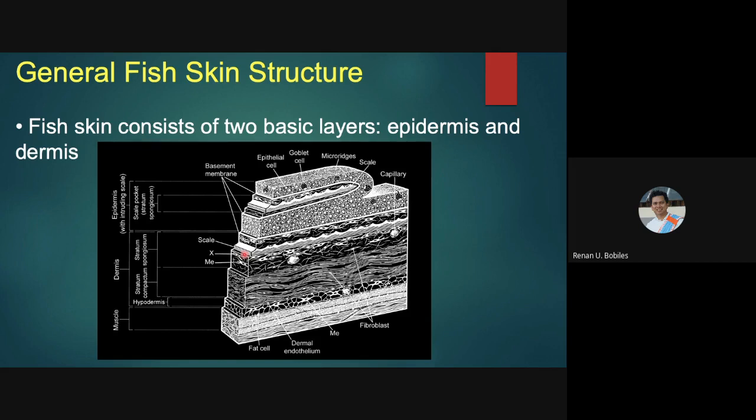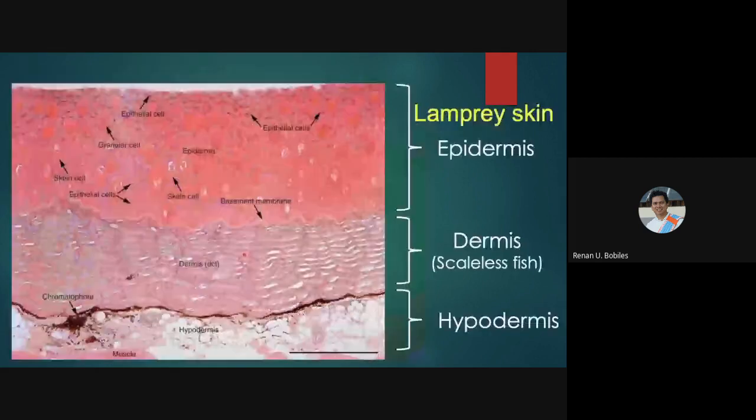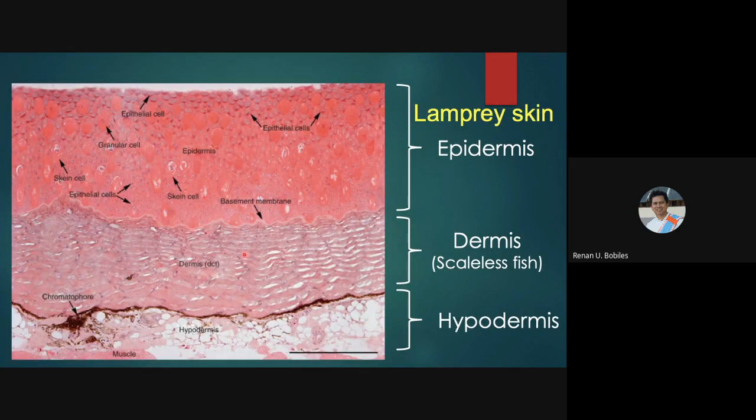Sa fish, walang stratum corneum, all of the layers of the epidermis are active, alive. Okay? Yan. So this is a typical division of fish integument.